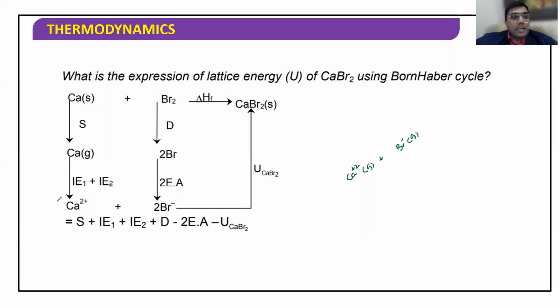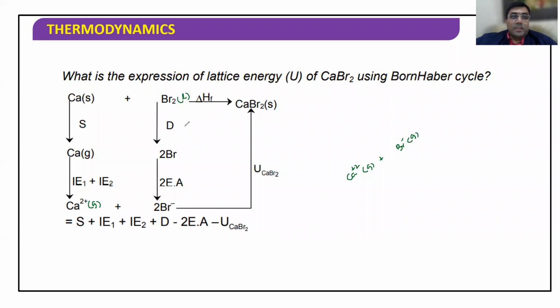So to do this, IE1 plus IE2. IE1 means only one Ca plus will become Ca+2. So Ca+2 does become, and it is also in the gaseous state. Now, bromine. Bromine is a liquid, so it can be converted into the gaseous form.